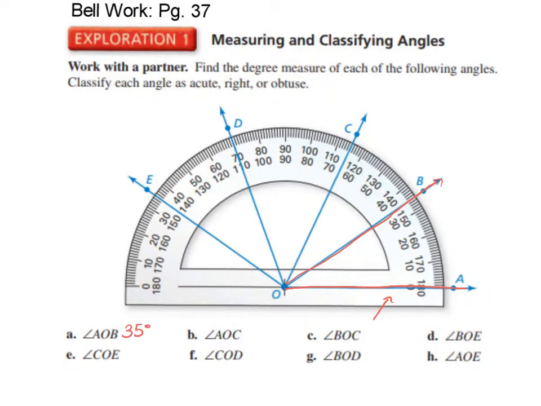We're going to hop on over to BOC. Let me go ahead and erase this here. So, BOC. I'll tell you how I do these kinds of problems. This is a little bit more challenging because I don't have a side that is on the zero, like the way OA was.